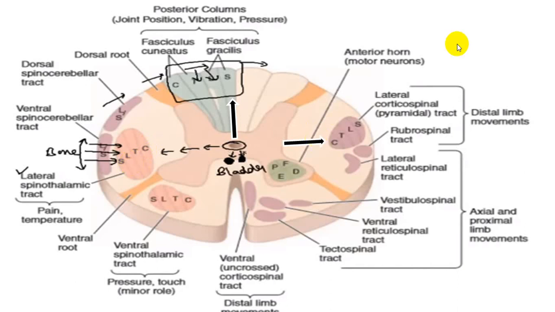If there is a lesion from the extramedullary area, then the first fibers to be affected will be sacral fibers as far as the corticospinal tract is concerned. So lower limb and sacral will be first to be affected, while the upper limb will be spared. The same thing happens with the lateral spinothalamic tract. So you will have involvement of the sacral fibers, lower limb fibers, then thoracic, chest, and then upper limb.